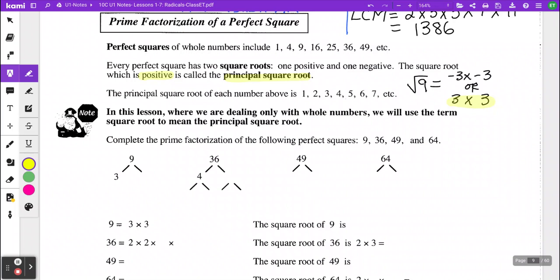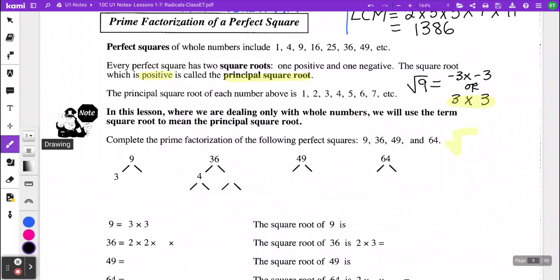Yes. But one thing we have to remember is, if I write this down and I say, what is the square root of 25? And it was a multiple choice question.